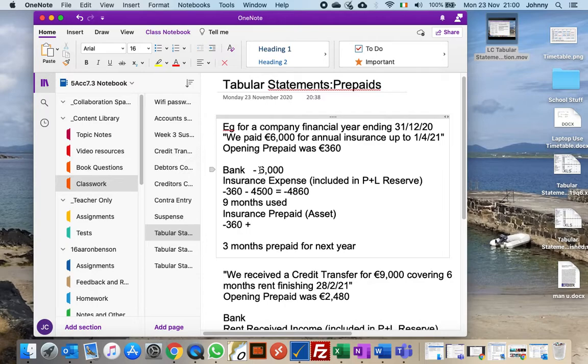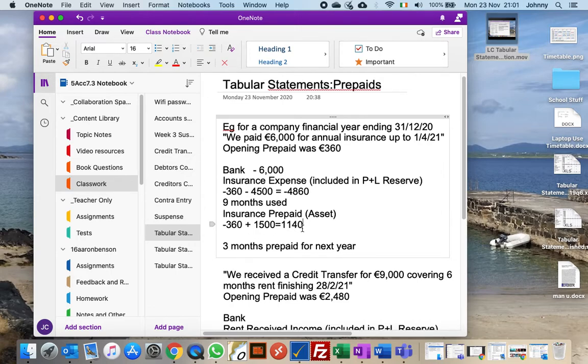3 months of 6,000 is 3/12 of 6,000, which is 1,500. So that means that 1,140 is the figure that's going to be prepaid for next year. So our assets are going to have 1,140 in them. And when I finish at the end of the year, my closing figure is going to be 1,500. That's the new figure for insurance prepaid.